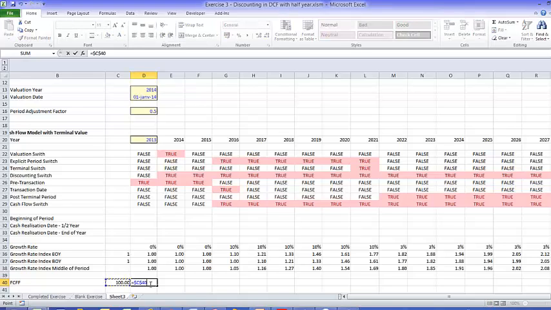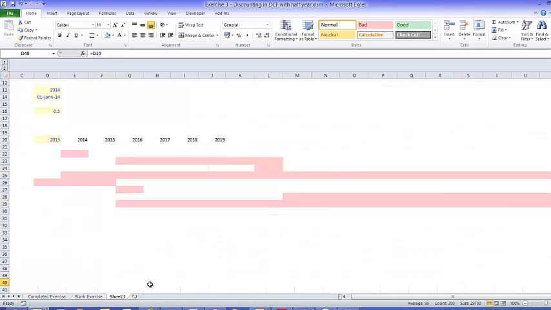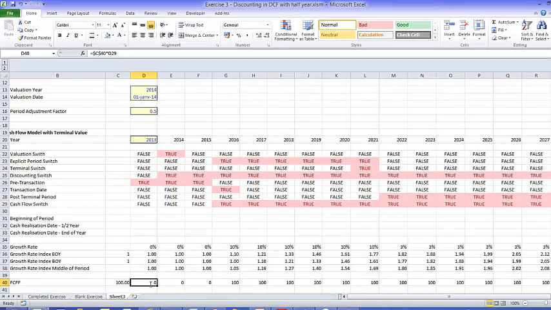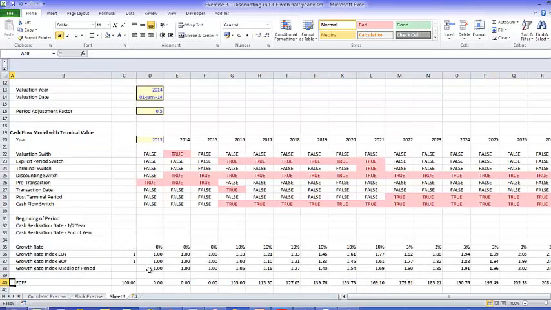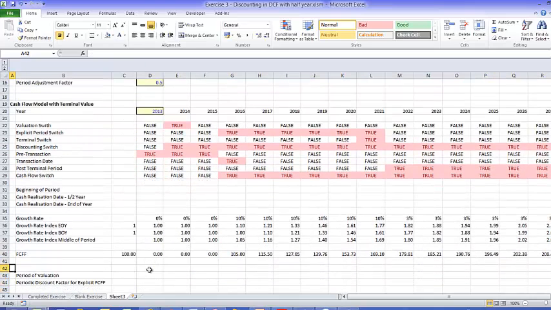So let's take this one and multiply it by the cash flow switch. Oops, yeah, exactly that. I did it right. Okay, and then also let's multiply it by the growth rate index. That kind of was a long time to get that.